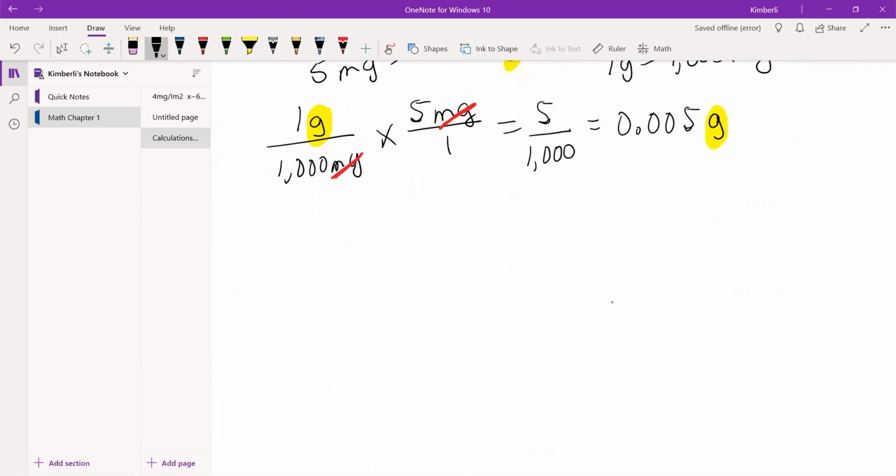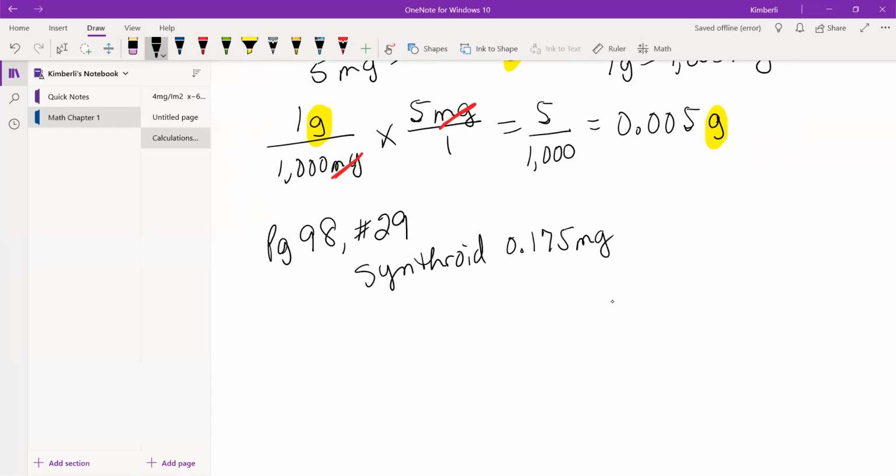Let's look at page 98, number 29. We're looking at a physician orders a thyroid replacement, Synthroid, 0.175 milligrams. How many micrograms will be given to the patient? How many micrograms is that?